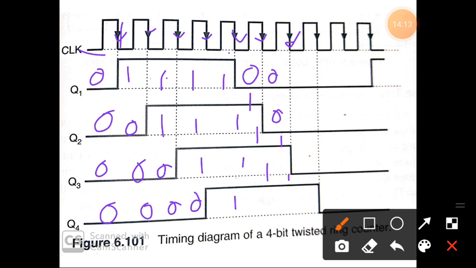Then on the next clock pulse Q1, Q2, and Q3 are 0, and Q4 will be 1, and on the next negative edge all will be 0, and this timing sequence will be continued for a Johnson counter. So that's all about the Johnson counter.